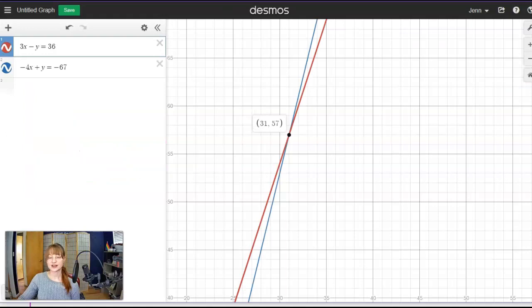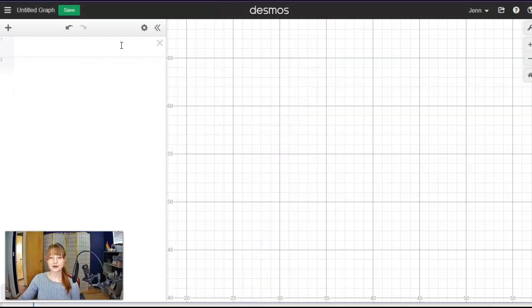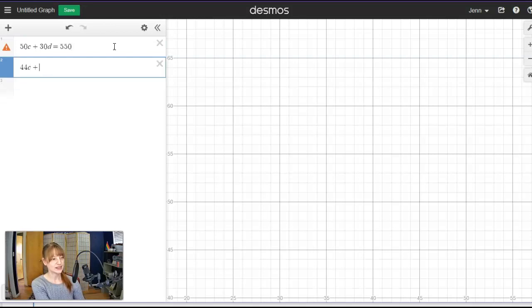Maybe we want to use Desmos again. That's totally fine. Graphing is a great way to solve linear equations. So once again, I'm going to have to type in x and y because our original equation was 50c plus 30d equals 550, and then 44c plus 36d equals 532.